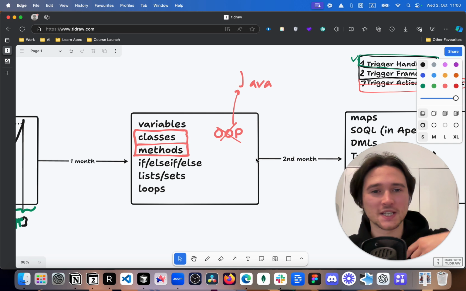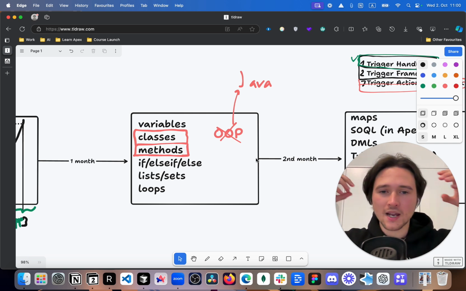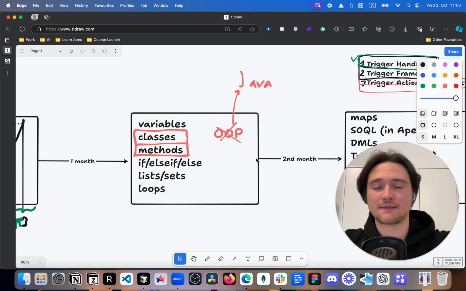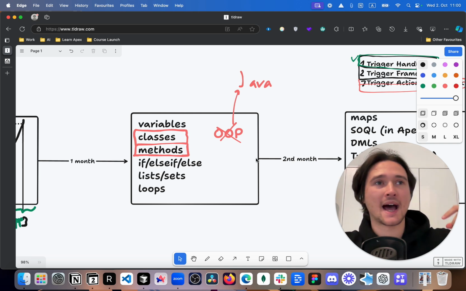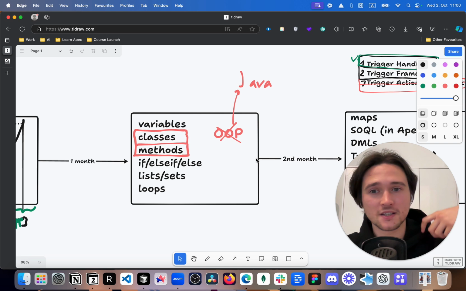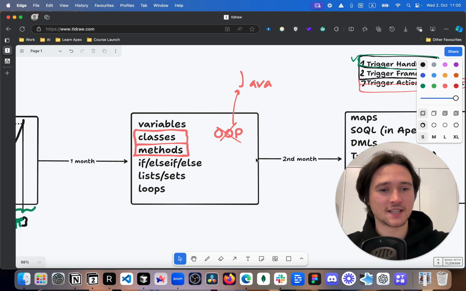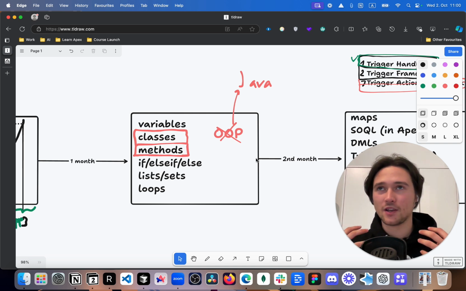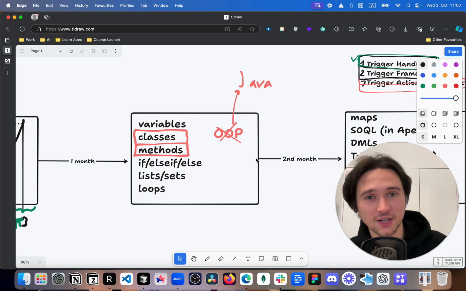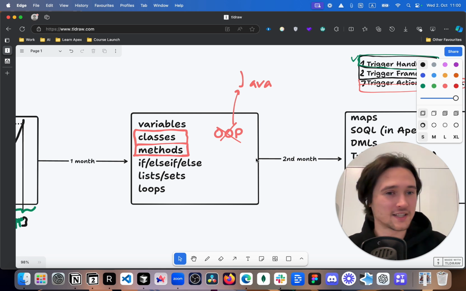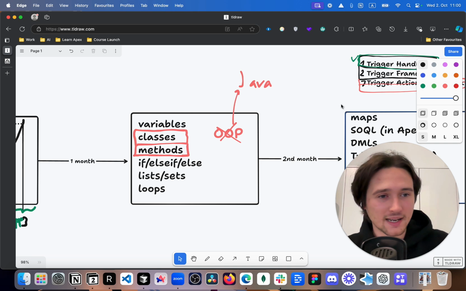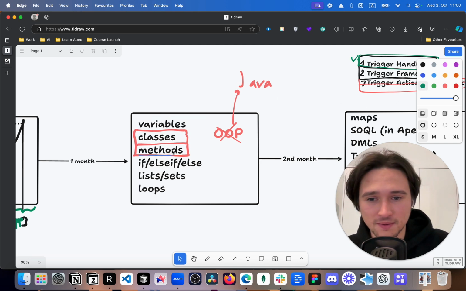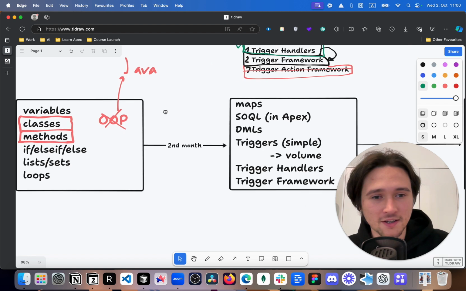And then it goes exponentially, because you accumulate so much fundamental knowledge that understanding triggers, once you know the fundamental knowledge, is super super easy. I tell you, understanding triggers is usually like one lesson. It's not super hard. More people have trouble with methods than with triggers at this point.